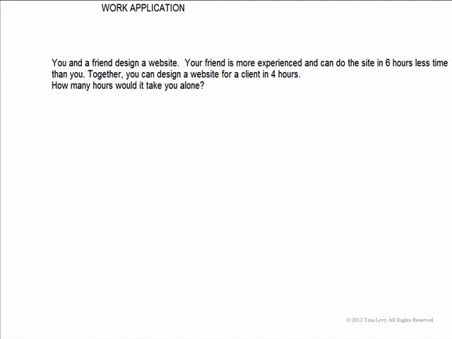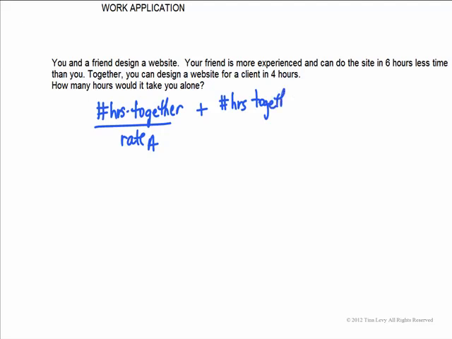There's a nice grid for how to do this, and it goes like this. If we put in the number of hours, or it might be minutes, together, I sometimes think of it as "together," over rate A, plus number of hours together over rate B, that equals one entire job.